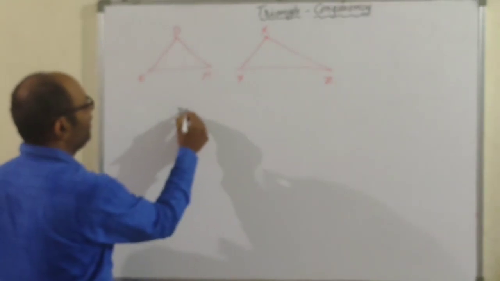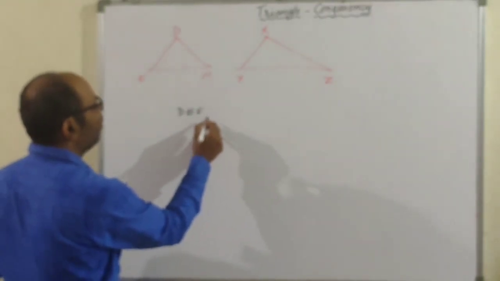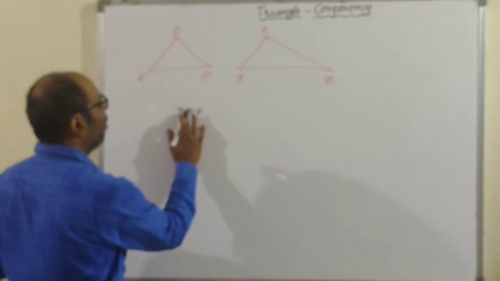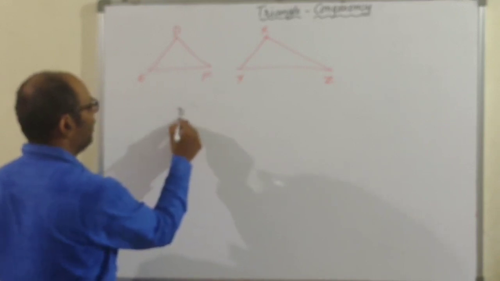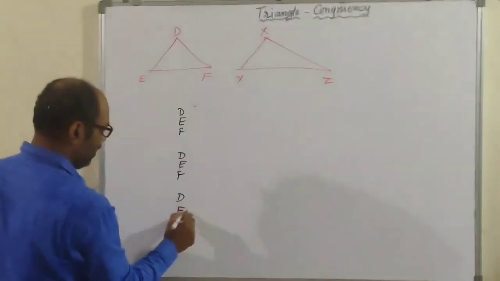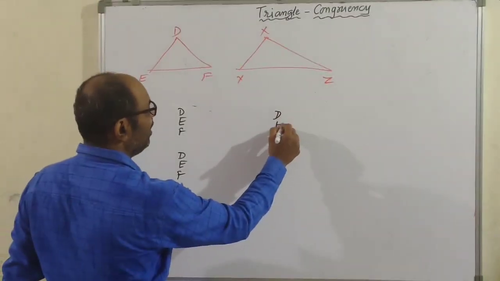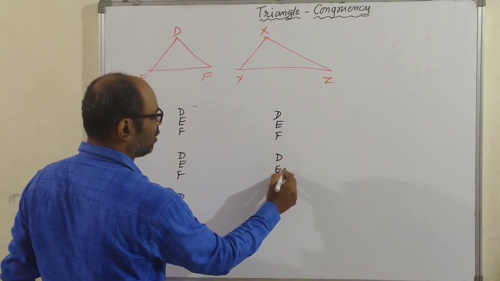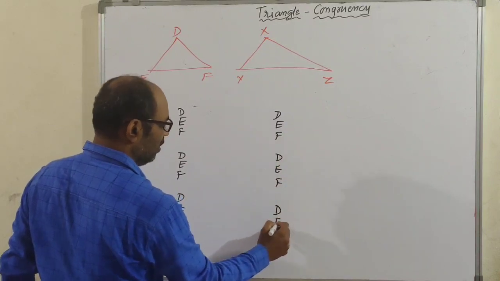First triangle you write DEF. DEF, DEF, DEF, DEF, 6 times, because we know 6 correspondences are possible.